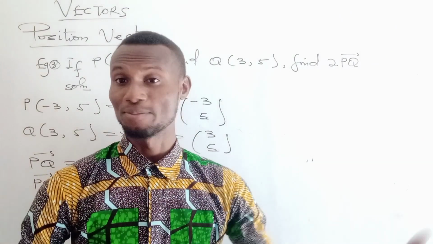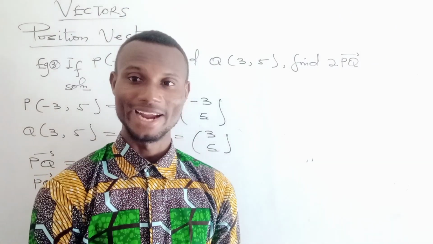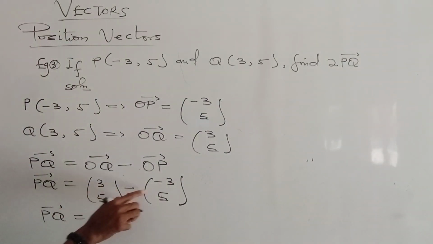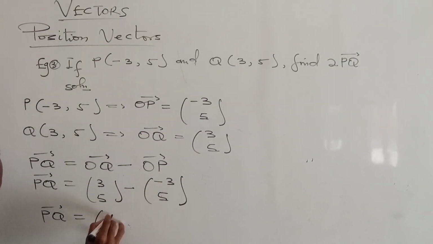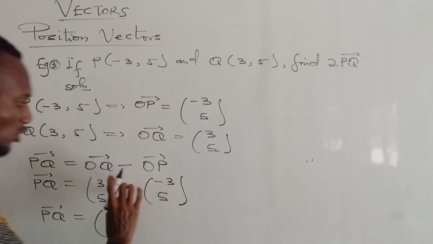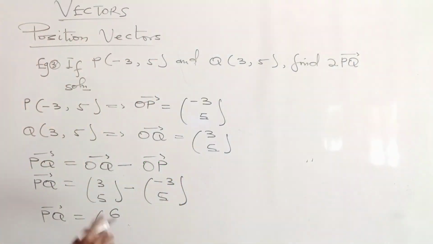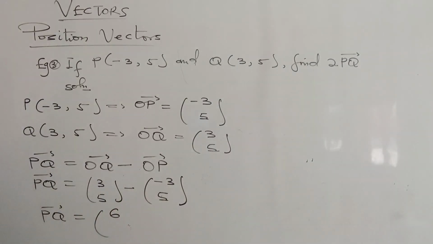I've taught you that in the previous video, so we are applying that knowledge here. So 3 minus negative 3 is going to give me positive 6, because when two negatives meet like this, it becomes positive. Then 5 minus 5 is going to give me 0, and I hope you understand up to this point. So this is my vector PQ.